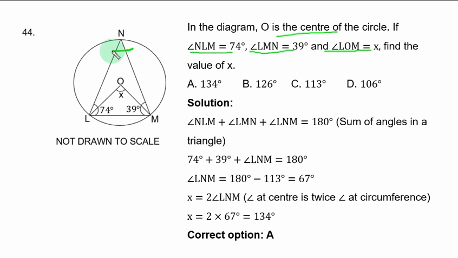In triangle NLM, you know two of the angles, this angle and this angle. If you add the two plus this one, the sum is 180.